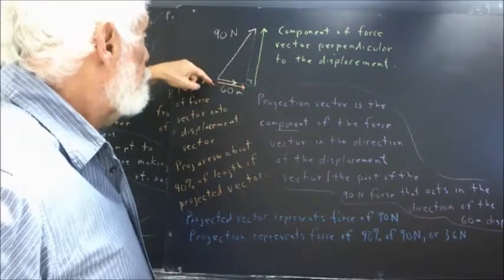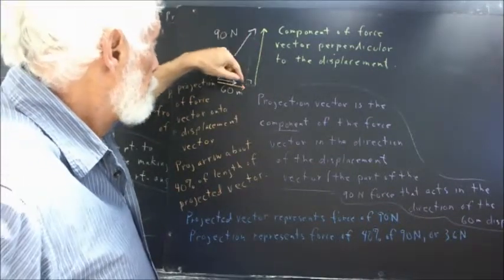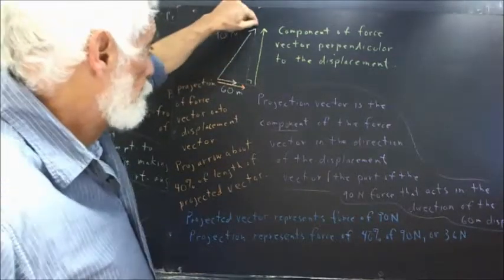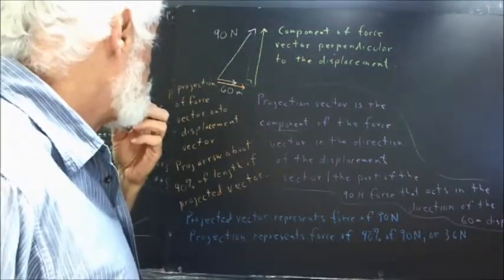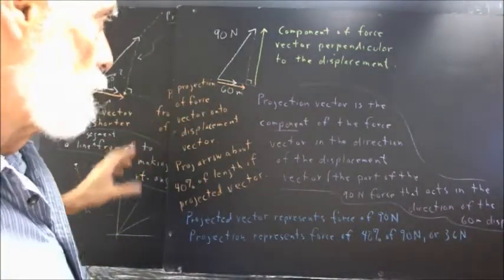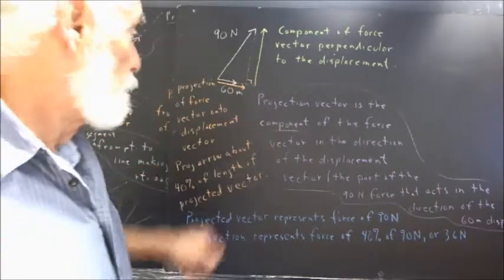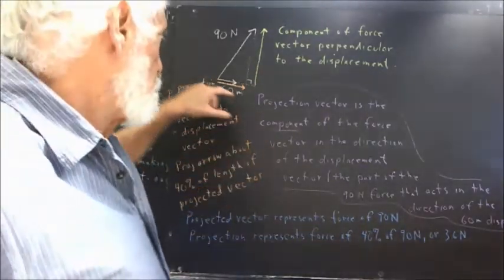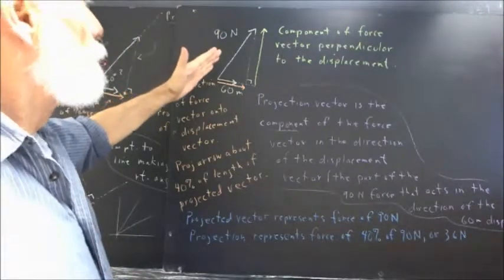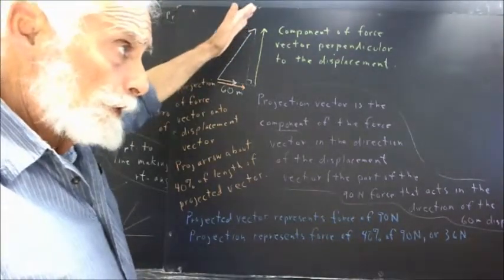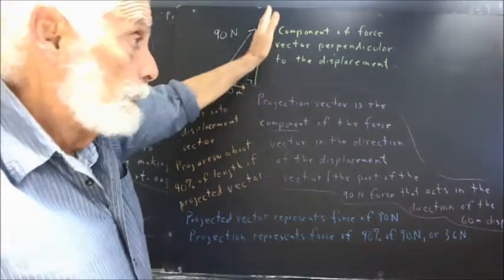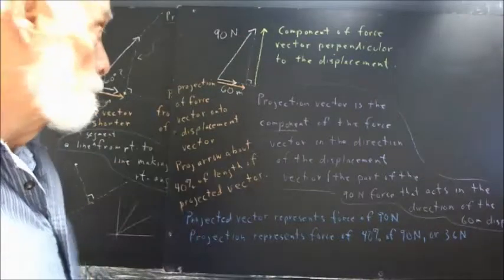So these two vectors could be joined to make the sides of a right triangle with the force vector as the hypotenuse. You're not going to be asked to do anything with that right now, and we'll look a little more deeply into this later. So we've broken the 90 Newton force into a component parallel to our displacement and a component perpendicular to our displacement.